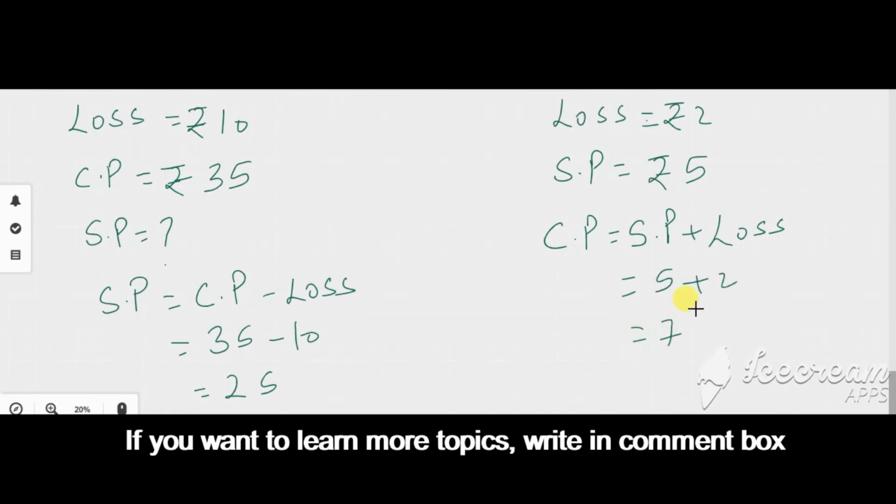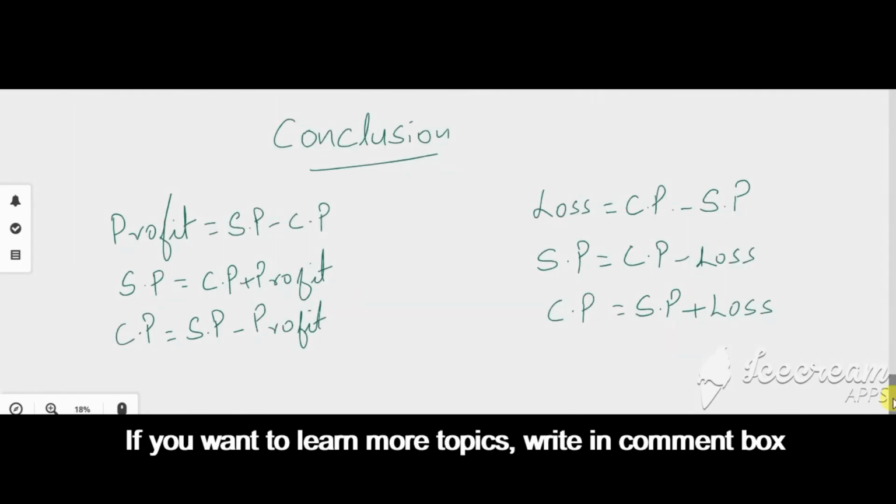He must have bought that item for rupees 7 and because of the loss he has to sell that item for rupees 5. Now what we conclude at the end is that you don't have to learn these formulas by heart. Just imagine any real problem in your mind and you can create the formula for it.